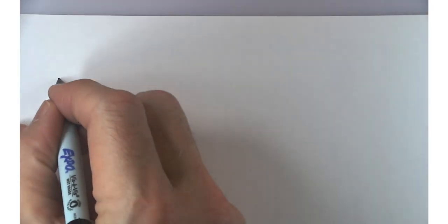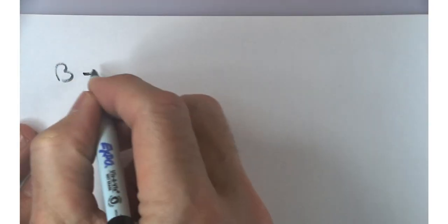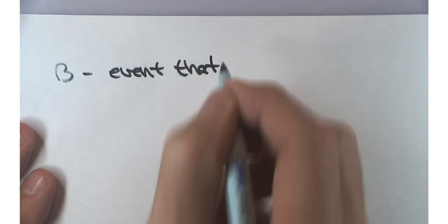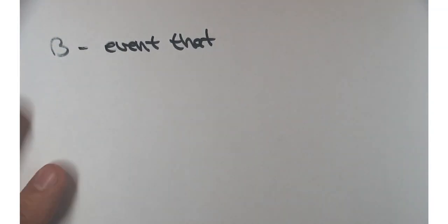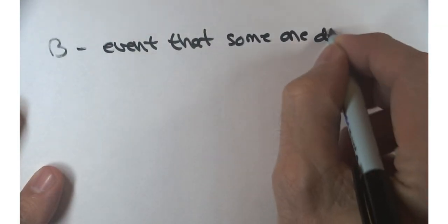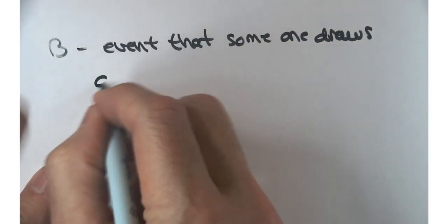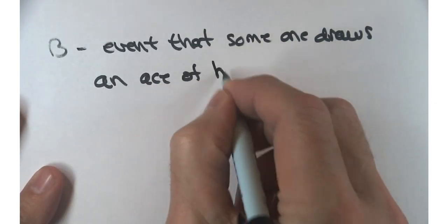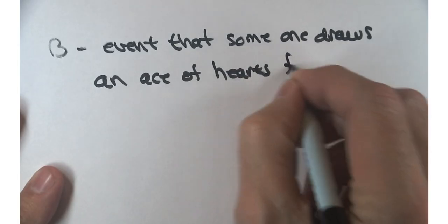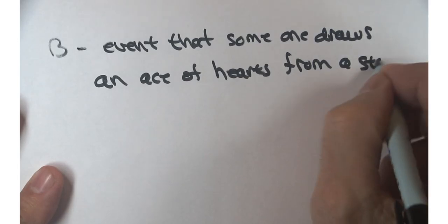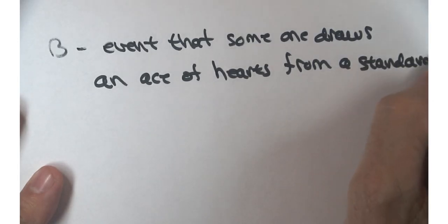So I'm going to let B be the event that someone draws an ace of hearts from a standard deck of 52 cards.